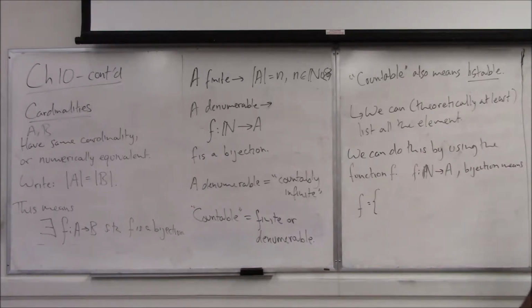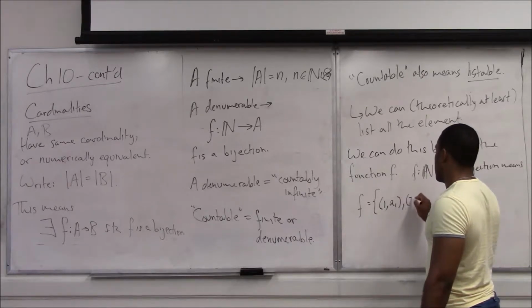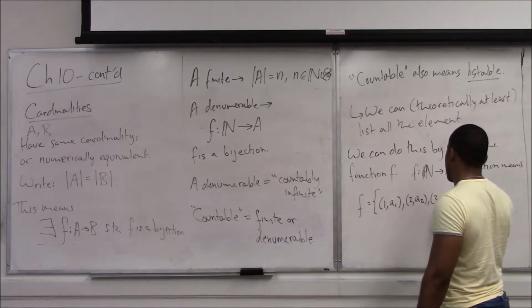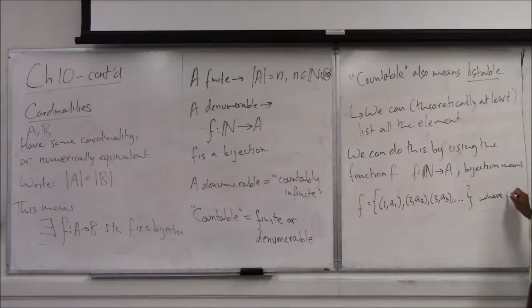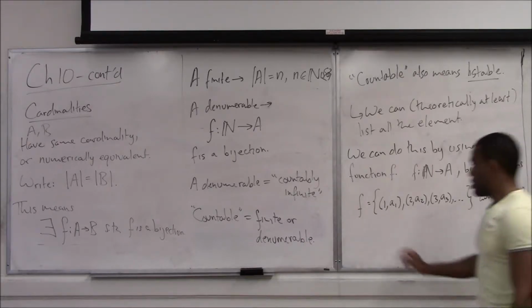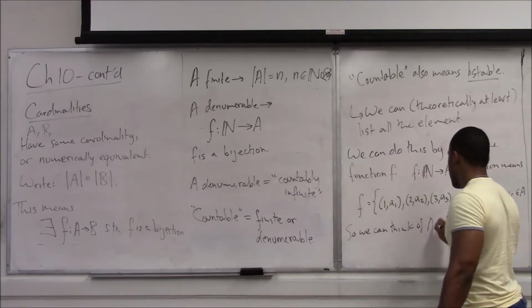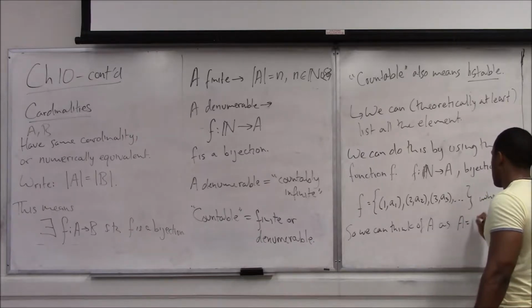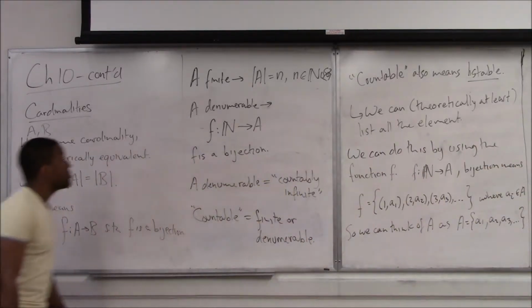It's just going to be a relation, a set of ordered pairs, where 1 goes to one element of A, 2 will go to another element of A, 3 will go to another element of A, and so on, where the a_i are in A. So we can think of A as just a list of things. I can talk about the first guy, the second guy, the third guy, the fourth guy. I can write them in a list and exhaust the list.